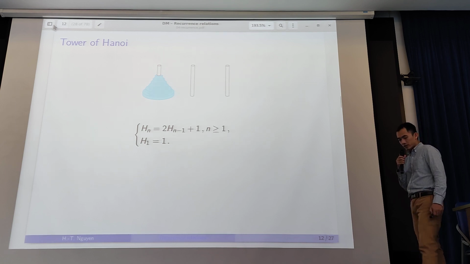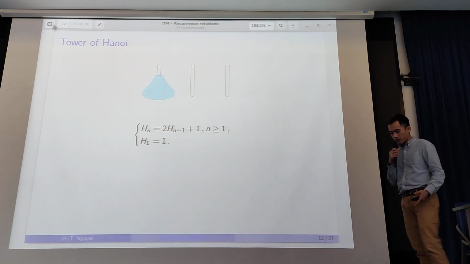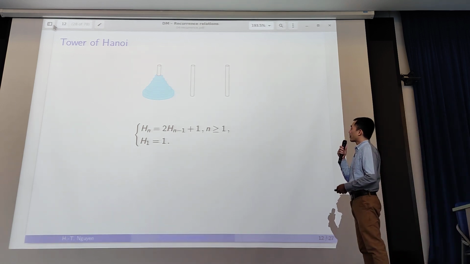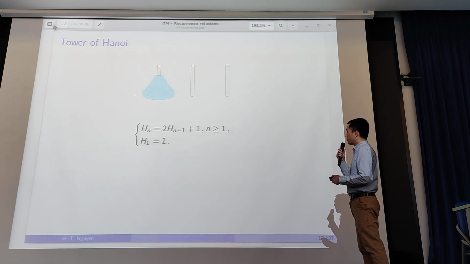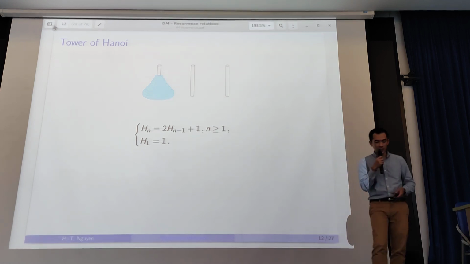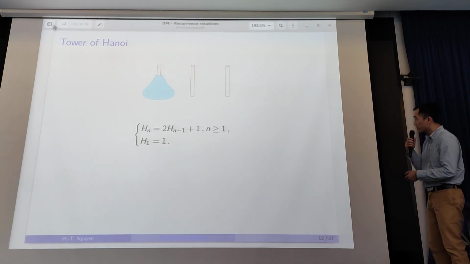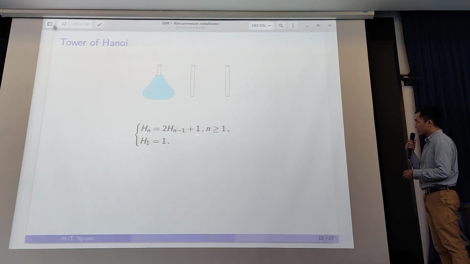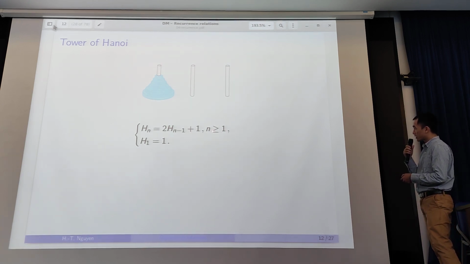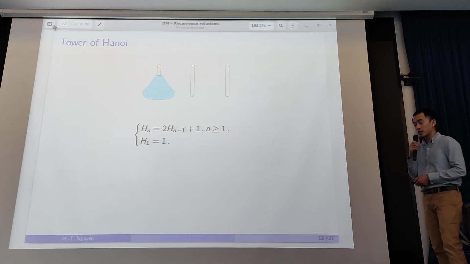Okay, so to summarize, for the optimal number of moves for n discs, you have this recurrence relation, which applies for n going from 1 to infinity.